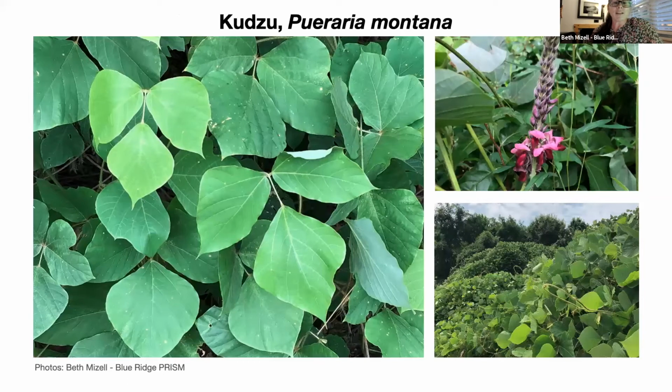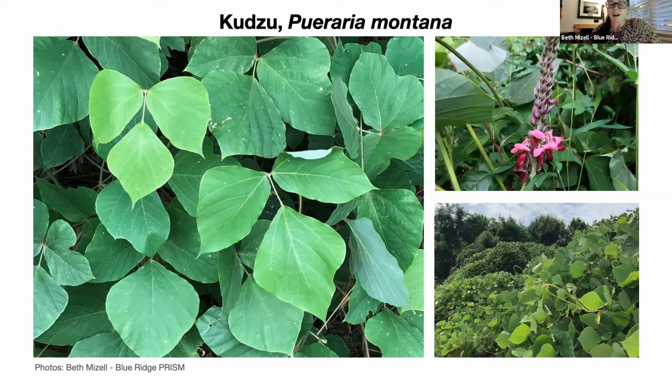And this is one that you may be most familiar with, in addition to English ivy: kudzu. We have quite a bit of it in Charlottesville, unfortunately. Kudzu is often referred to as the vine that ate the South. It's an aggressive vine that forms a dense cover, smothering and depriving trees, shrubs, and ground cover of sunlight. So this is a smothering kind of vine.